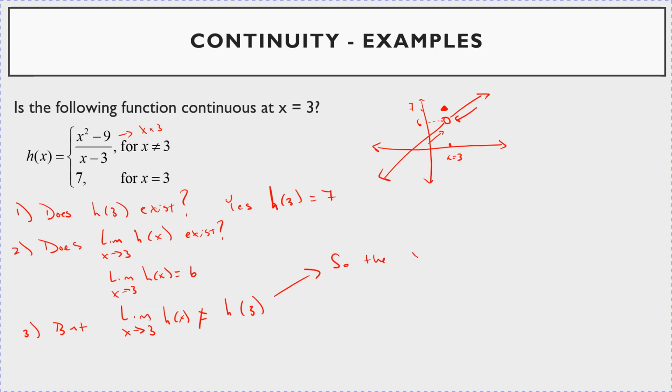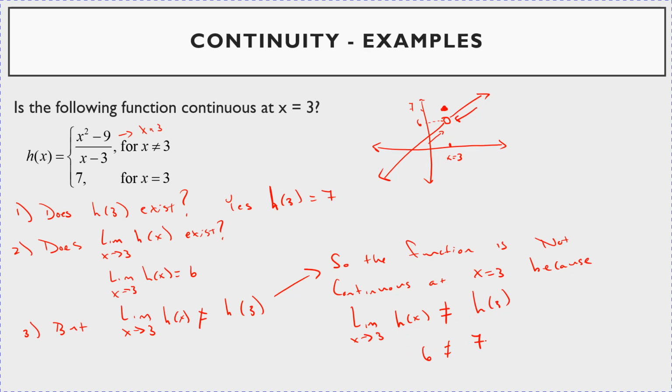So the function is not continuous at x is equal to 3 because the limit as x goes to 3 of h of x is not equal to h of 3. The limit is equal to 6, but h of 3 is equal to 7.